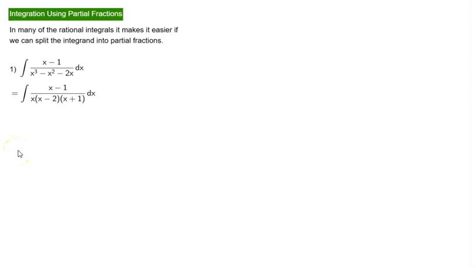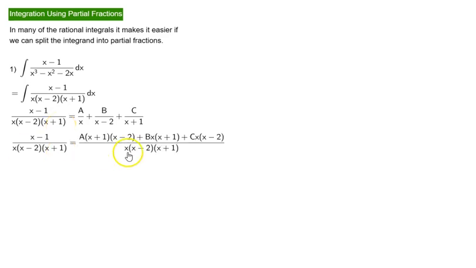We get the integral of (x minus 1) by x times (x minus 2) times (x plus 1). Now, how do we convert it into partial fractions? This we would have learned a long time back. We write it as a by x plus b by (x minus 2) plus c by (x plus 1). Now we add these three partial fractions.